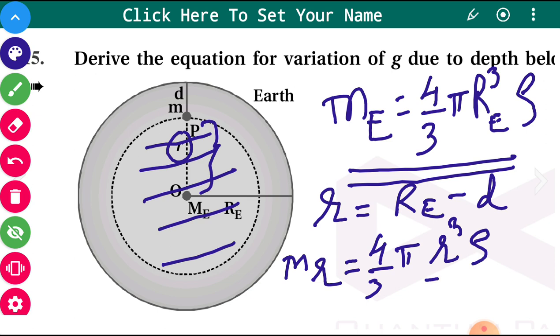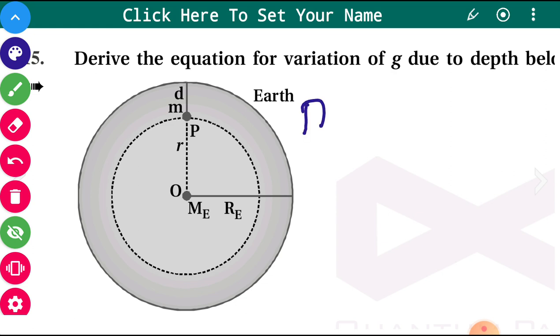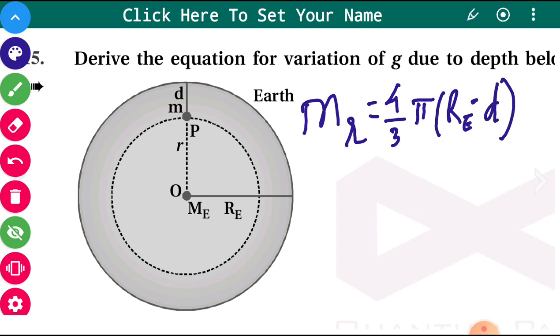Now instead of small r cube, you can write Re minus D the whole cube. So the mass of that small sphere is mr equal to 4 by 3 pi Re minus D the whole cube multiplied by rho. Okay, so this is the basic understanding required for this particular topic.